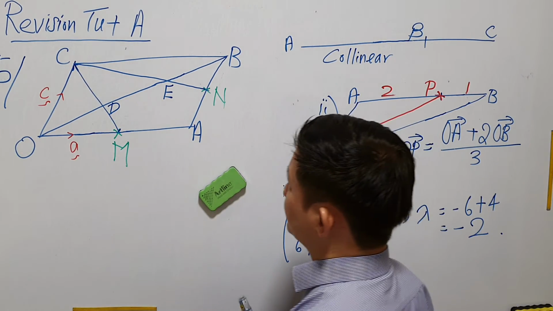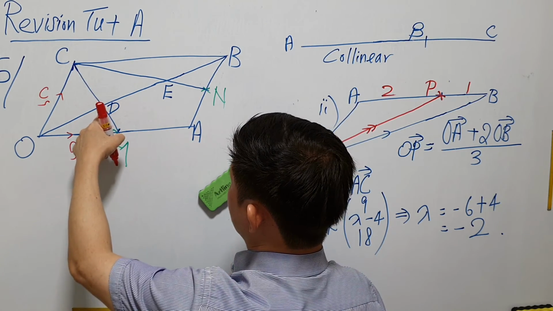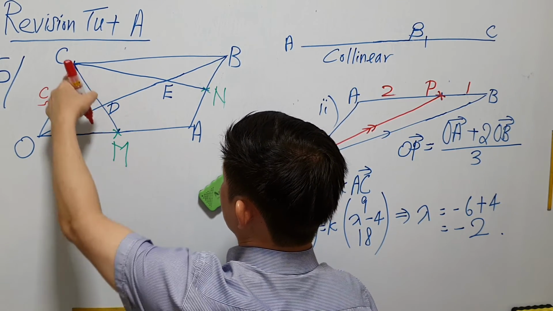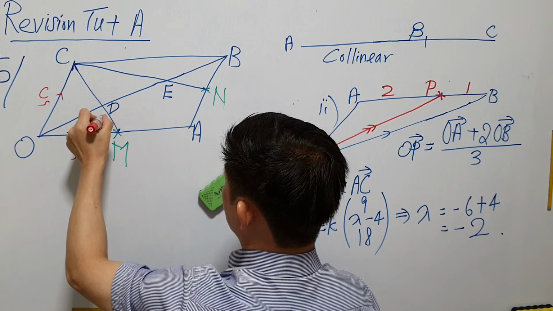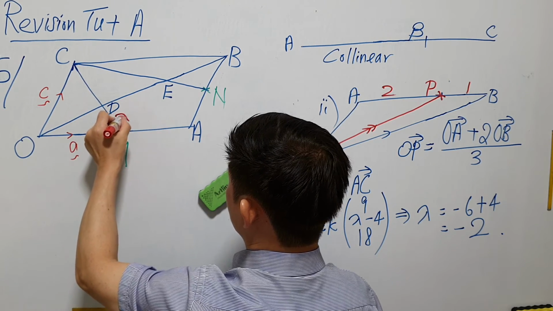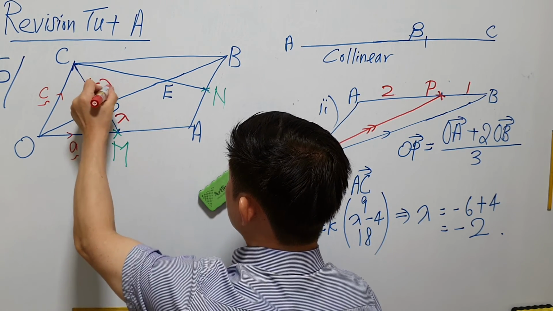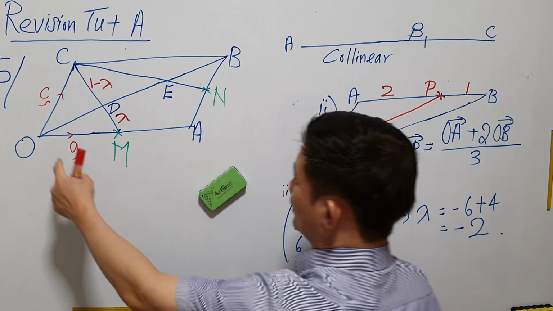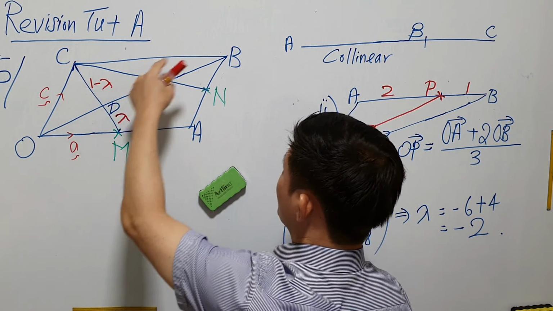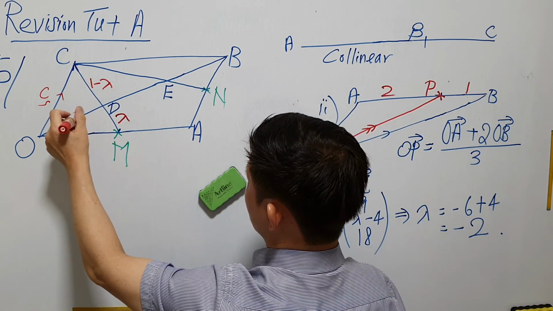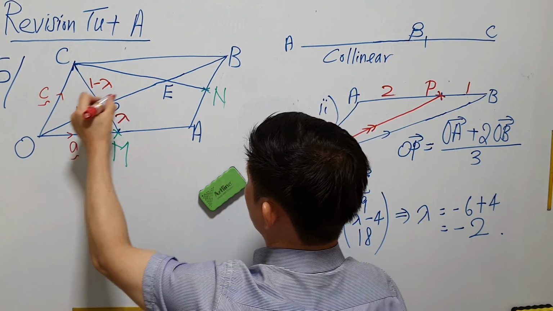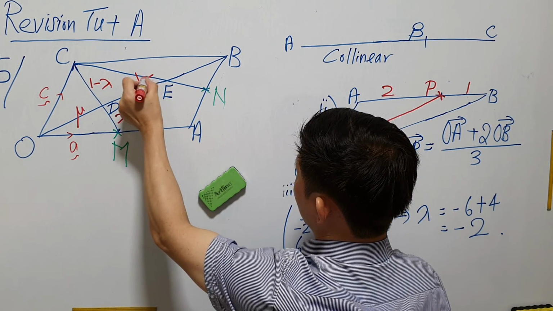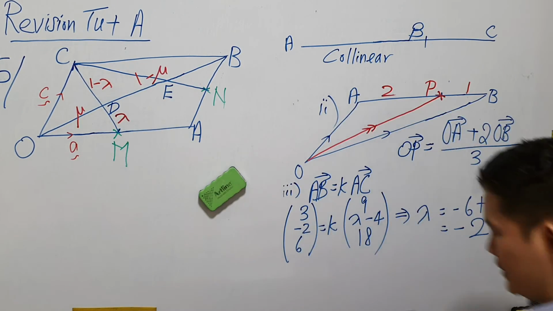You want to say that this point D divides this into a ratio of, say, for example, lambda and 1 minus lambda, because you don't know at this point. Then you also want to say that OD to DB is in the ratio of, say, mu and 1 minus mu.